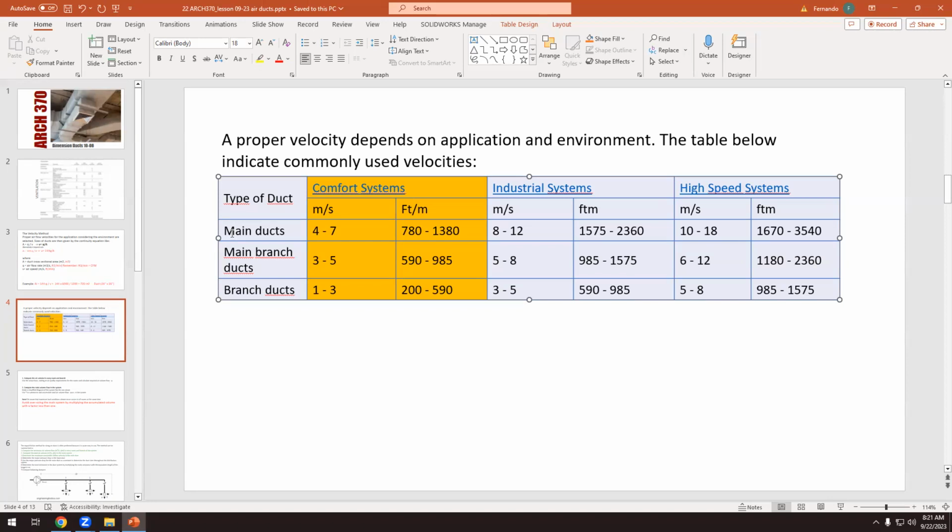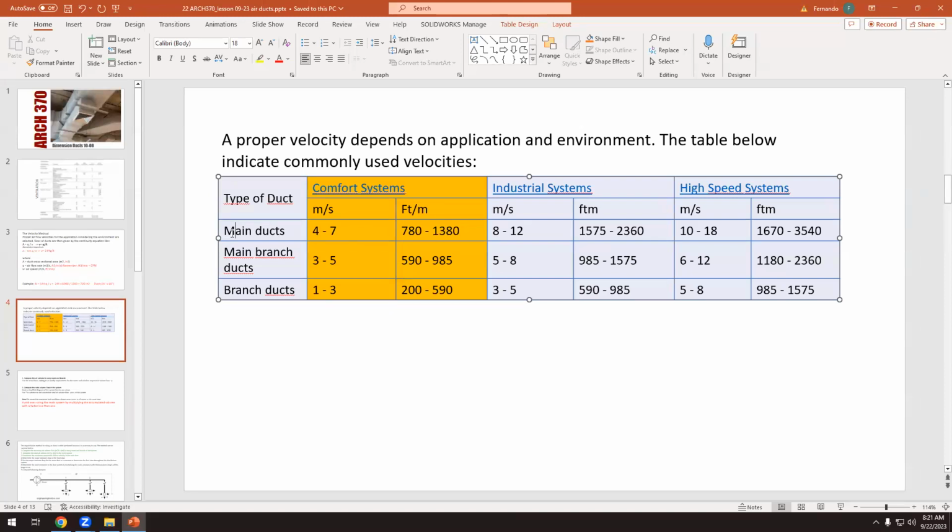Well, it can be between 800 and 1,300. Then, if we have a branch in the hallway, it can go from 600 to 900, something like that. And if we have those ducts in the room, then the maximum is around 500 or 600.